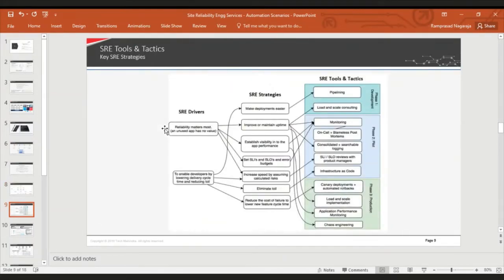So these are different tools and tactics that we typically adopt at different levels, and obviously some of the initial levels are typically manual when you're setting up things in terms of tools.